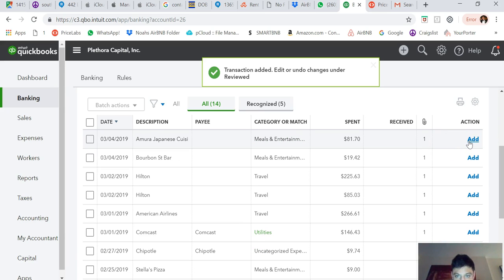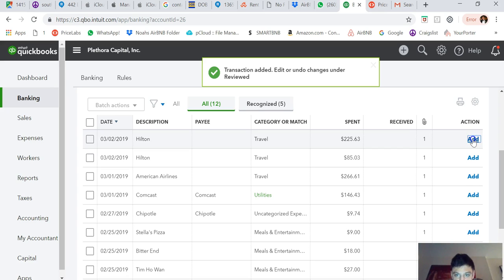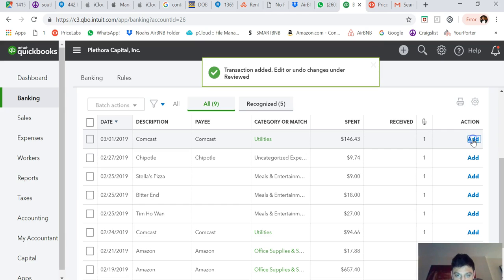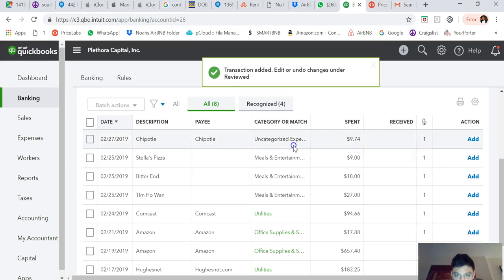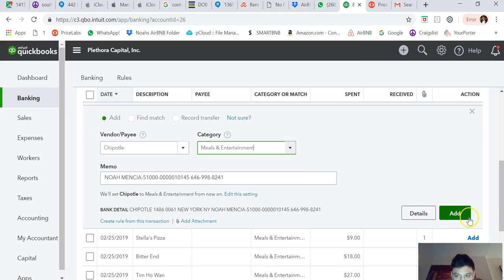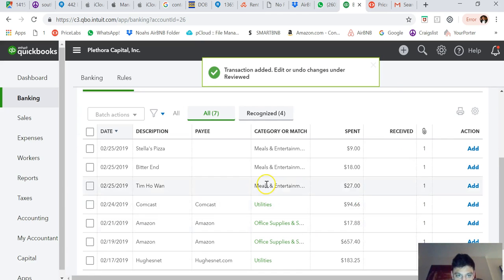Bubble. Meals. Built-in travel. Correct. Ordered meals. Kind of just go one by one.